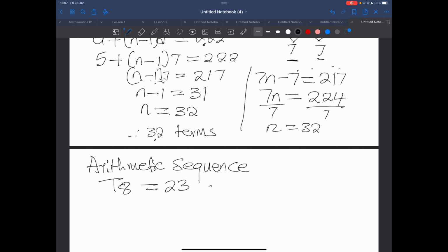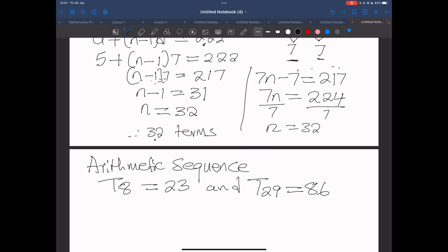And we are also given another term. Let's say they give us that term number 29 is 86. So we are given term number 8 to be 23 and term number 29 to be 86.